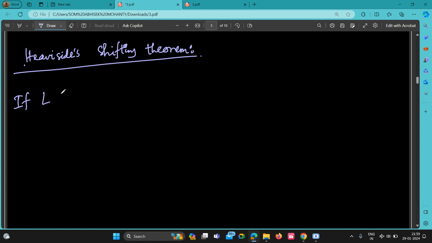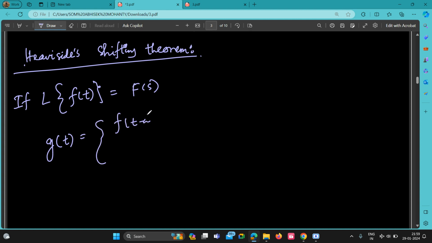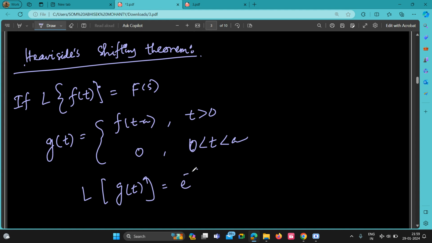Again, if L of f of t is F of s, and g of t is f of t minus a for t greater than a and 0 for 0 less than t less than a, then Laplace of g of t will be e to the minus a s times F of s.